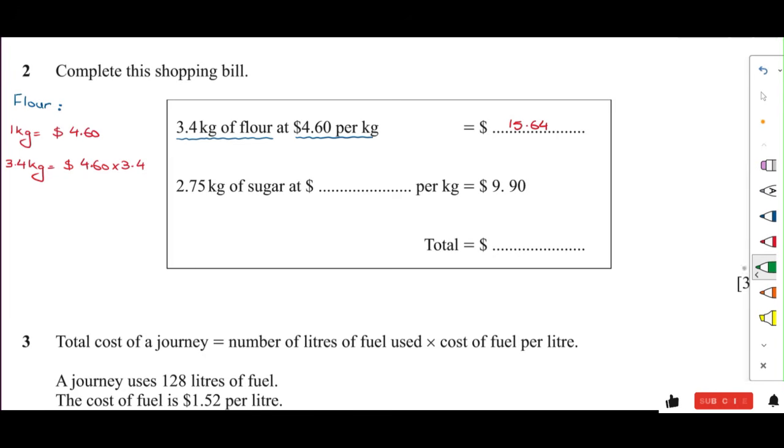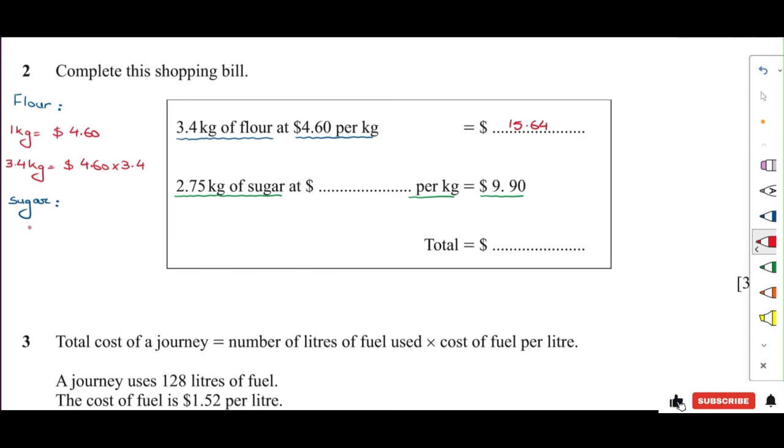Dollars. Now for the second, 2.75 kilograms of sugar costs 9.90. So 9.90 is basically the cost of 2.75 kilograms of sugar. We need to figure out the cost of 1 kilogram of sugar. So how do we figure out the cost per kilogram? It means we have to divide, right?